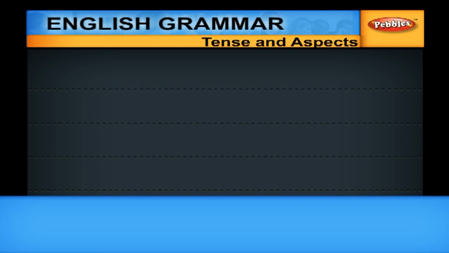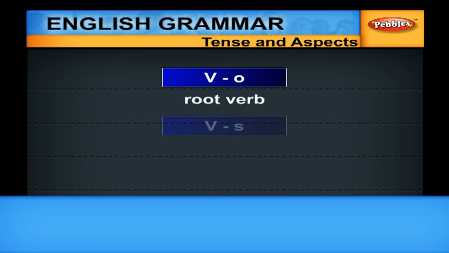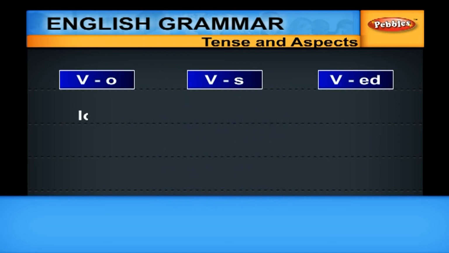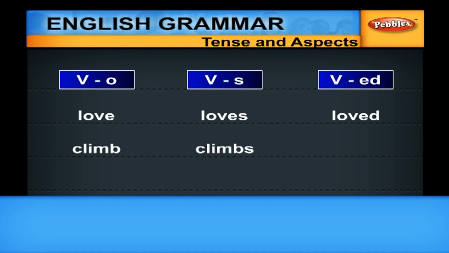So we have seen VO, root verb; VS, root verb added with s; VED, root verb added with ed. VO love, VS loves, VED loved. VO climb, VS climbs, VED climbed.